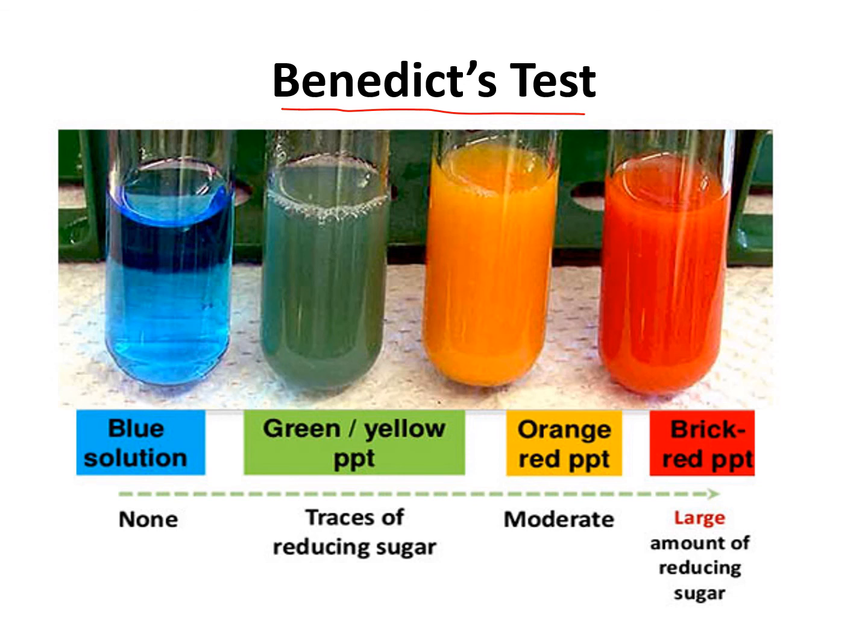So if the solution remains blue, that means there is no sugar present. If it starts to turn green, that means you have very low levels of the sugar, the monosaccharide. If it changes to orange, it's moderate levels. And if it turns red, then that means there are large amounts, higher concentration of glucose present.